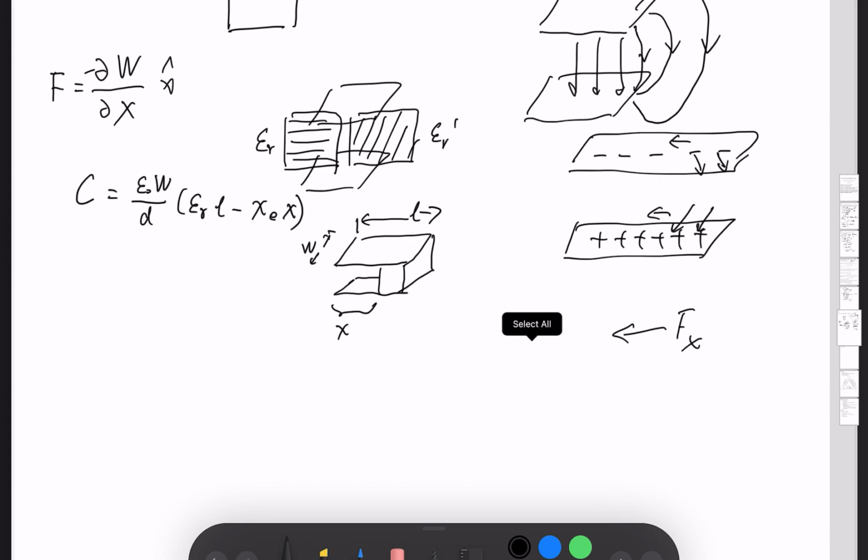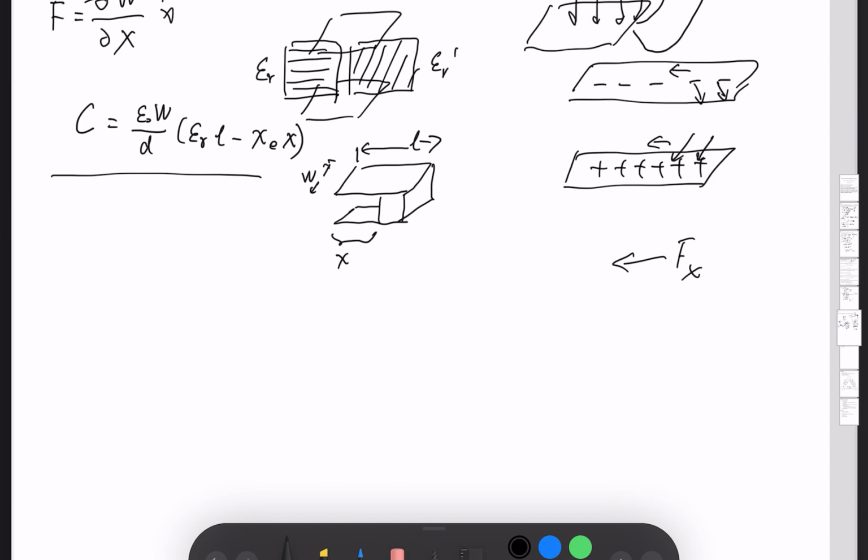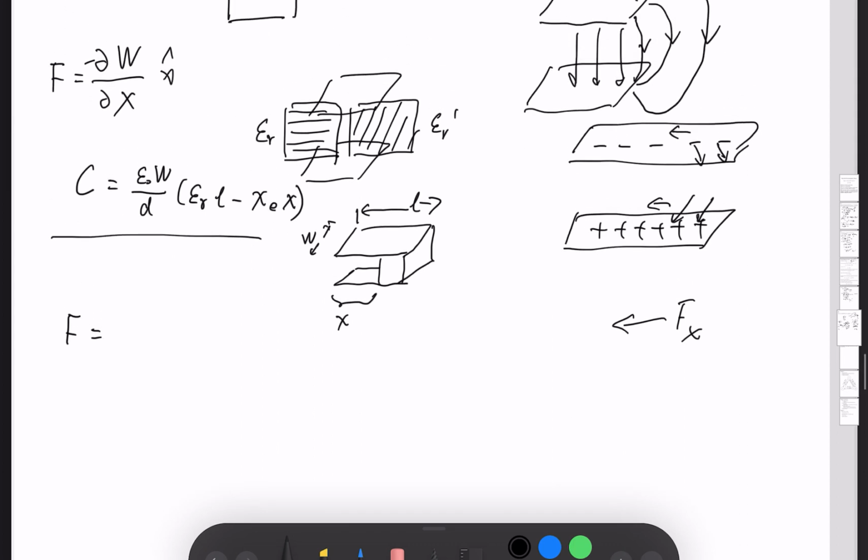You should be able to derive this capacity from your homework, and after you get this C, you can simply calculate the force by taking the derivative with respect to x.